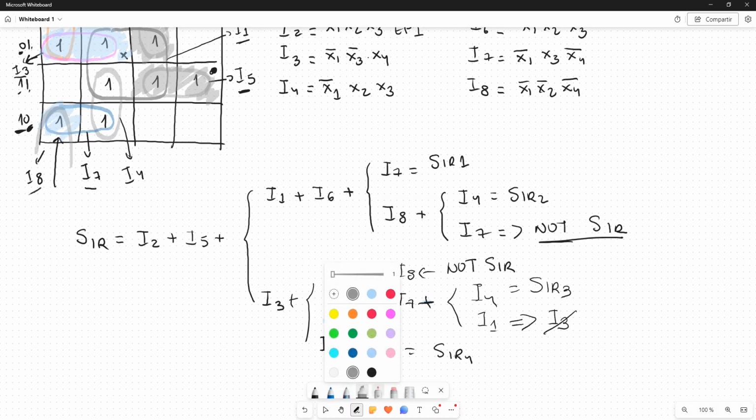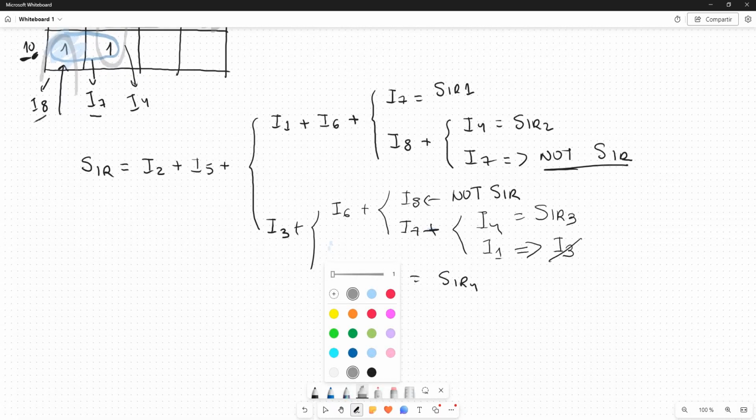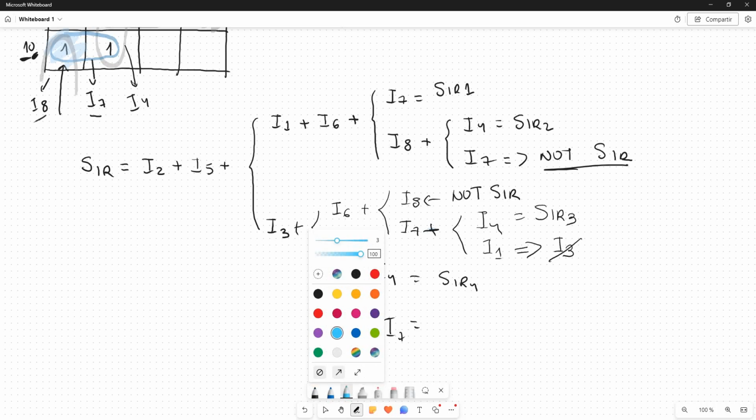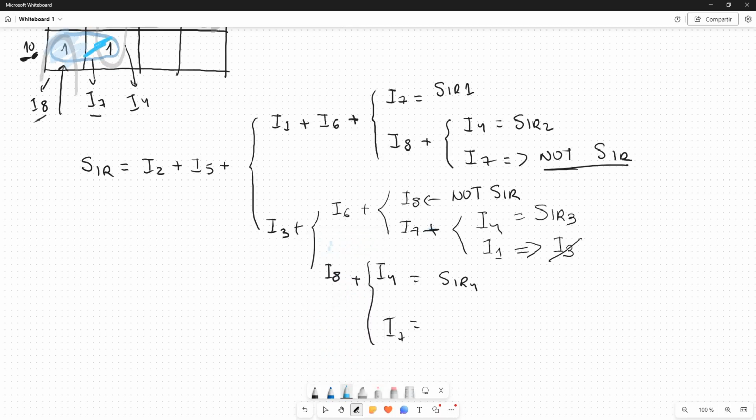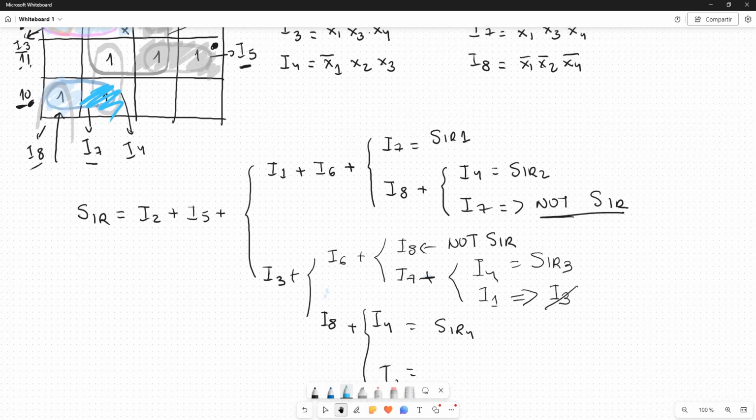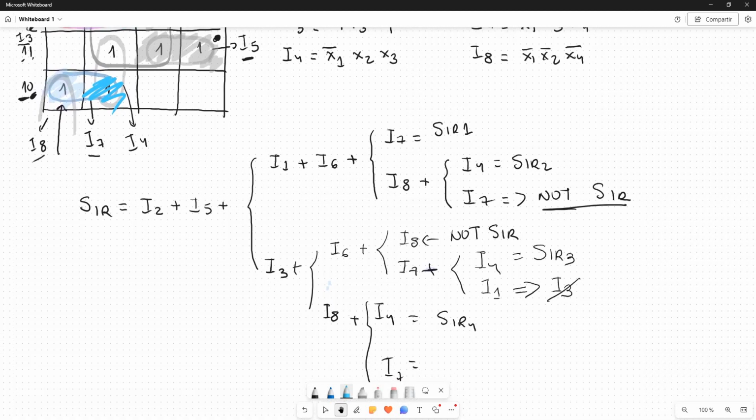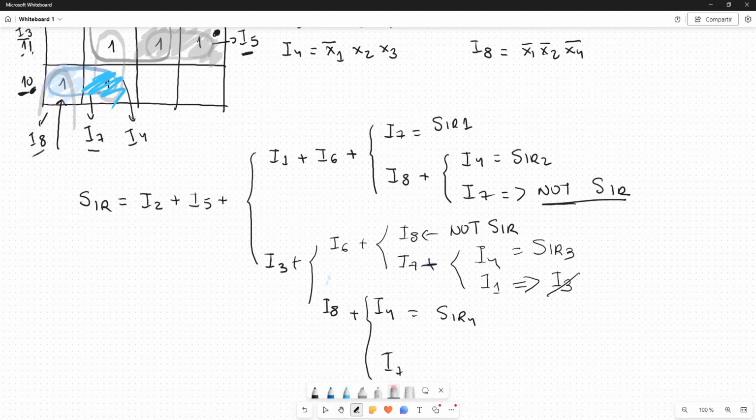If we use implicant 7, we are covering this one, and we still have another implicant to cover the remaining one.